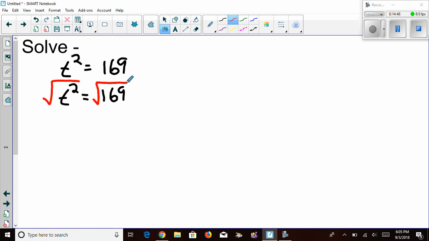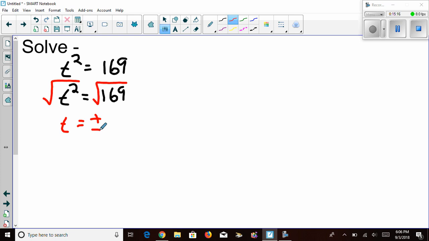Well, the square root of t squared is just t. Now I'm going to look at the 169. One thing to be careful of is this is going to be plus or minus. Whenever we're solving an equation, the square root is always going to be positive or negative.